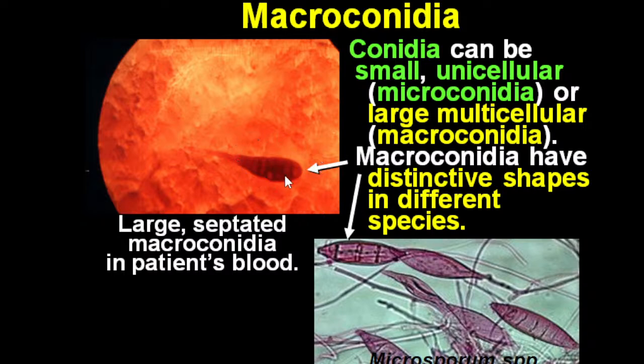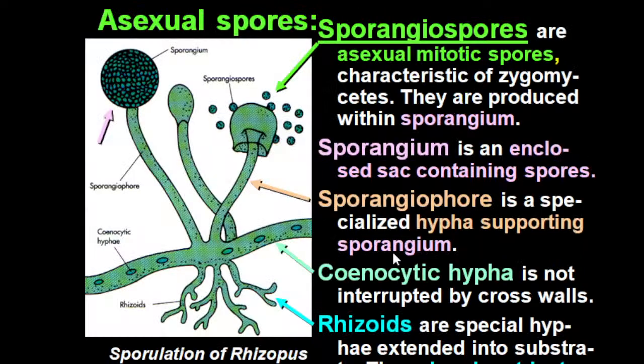The shapes of macroconidia in different species are different. For example, these are the macroconidia of Candida, and these are the macroconidia of Microsporum, and they are different. So the appearance of macroconidia can also be used in differential diagnosis.